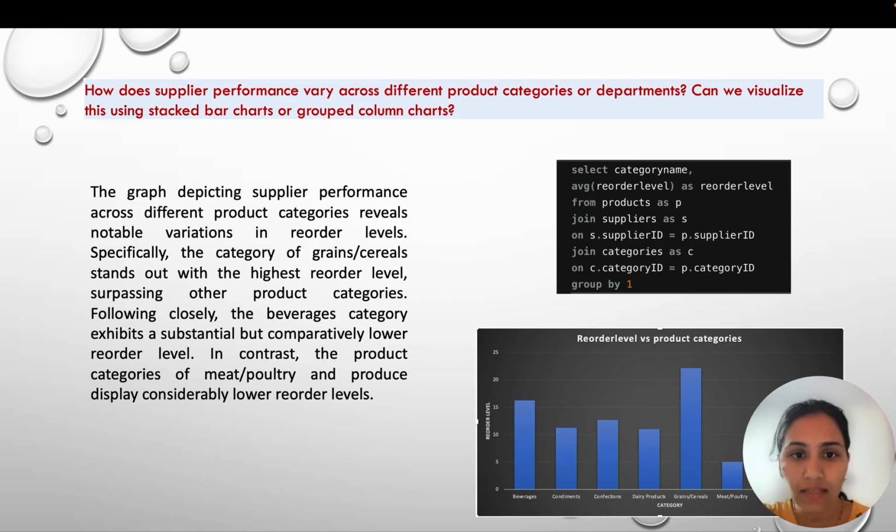We can see that the average reorder level of grains, cereals, and beverages is higher than the other product categories. So this is known as the best supplier performance for these product categories.